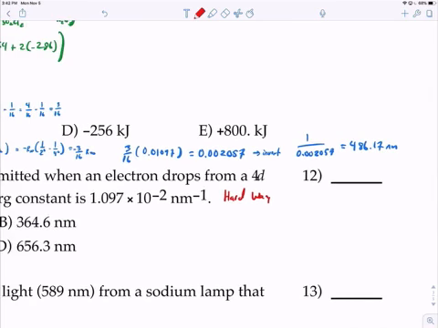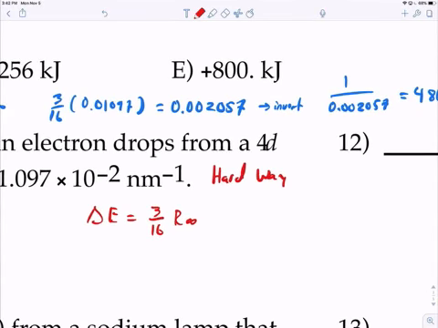The hard way is delta E is 3/16 times the Rydberg constant. And you're given the Rydberg constant to be 2.18 times 10 to the minus 18 joules.